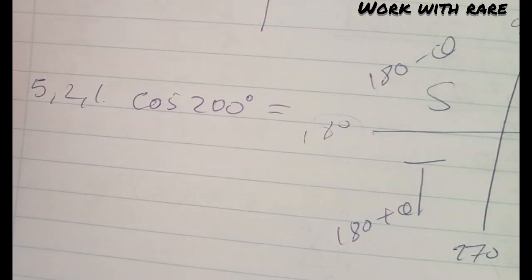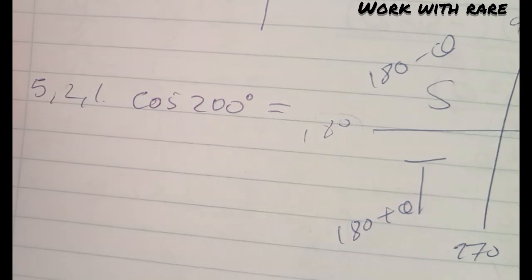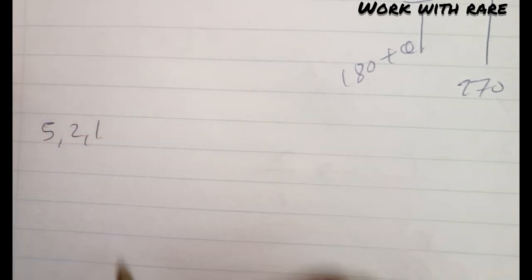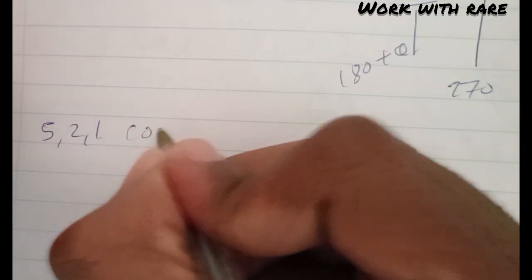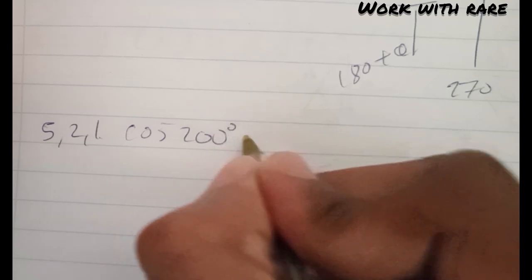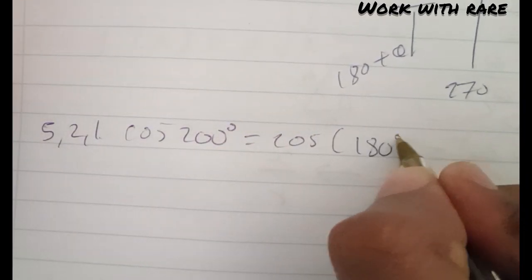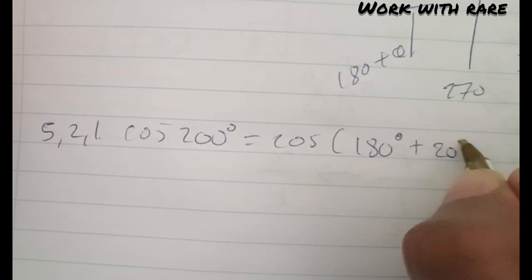Right now, let me start at the bottom. So let me say 5.2.1, and I have cos 200. So I will say cos of 180 plus 20 degrees.